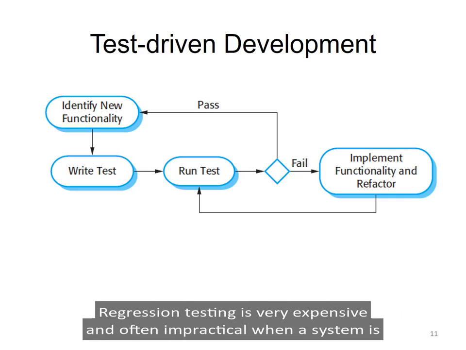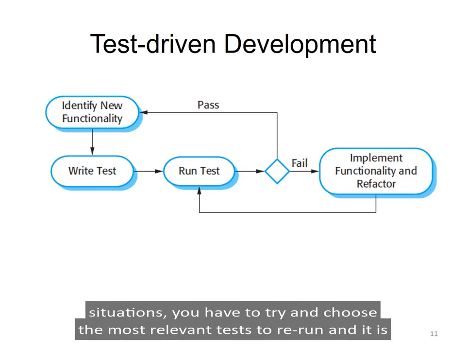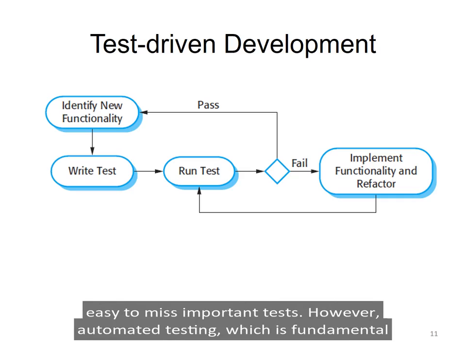Regression testing is very expensive and often impractical when a system is manually tested. As the cost in time and effort is very high, in such situations you have to try and choose the most relevant tests to rerun, and it is easy to miss important tests.